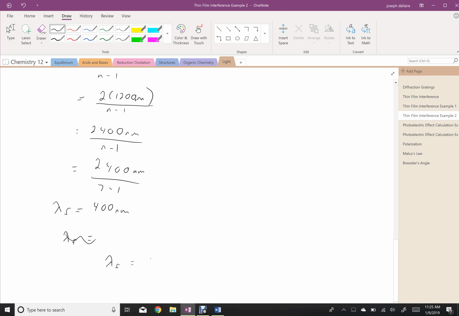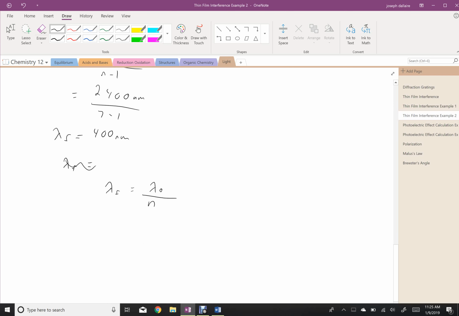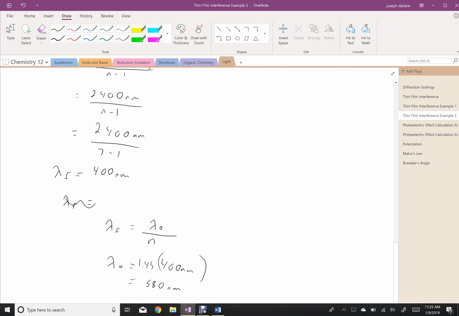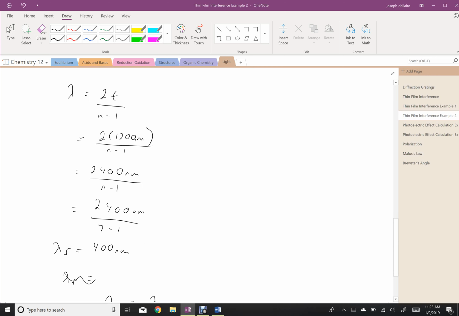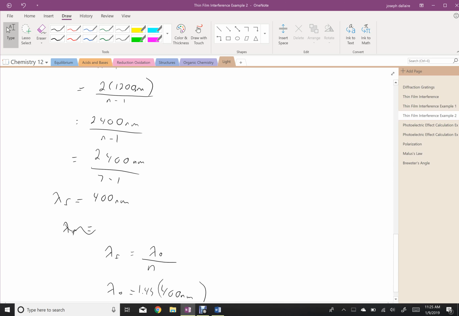Wavelength in the film is equal to the wavelength in free space divided by the refractive index. So to get the wavelength in free space, I take this 400 nanometers times 1.45, which gives 580 nanometers. So this is the actual color that we would see reflect really well off of this mirror. Okay, that was for 7.